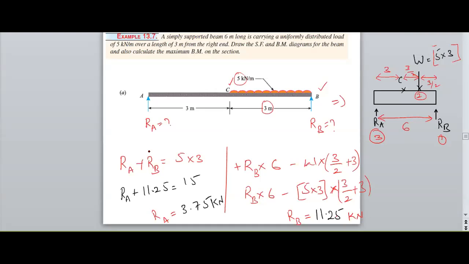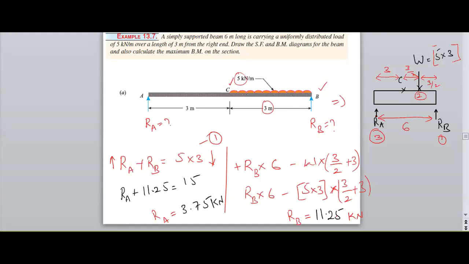Here RA and RB are upward forces and 5 into 3 is a point load acting downward. So this is the first equilibrium condition.